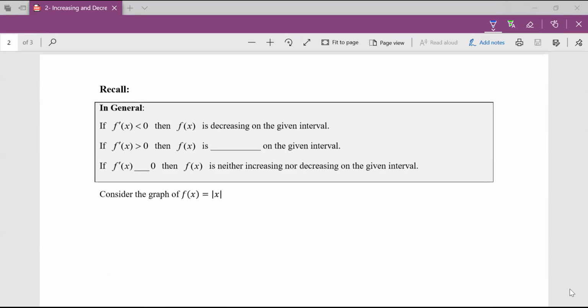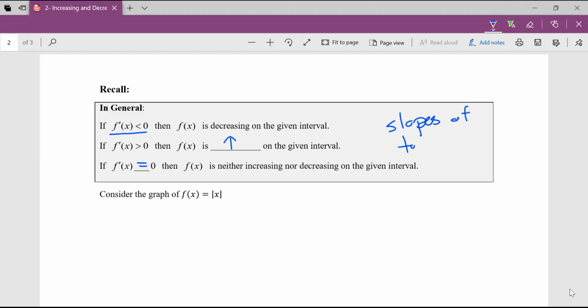So remember from the last video, in general, if the derivative of a function is negative, the original function is decreasing. If the derivative is greater than 0, the original function is increasing. And if the derivative of the function is equal to 0, then the original function is neither increasing nor decreasing. These all relate back to the slopes of the tangent lines.